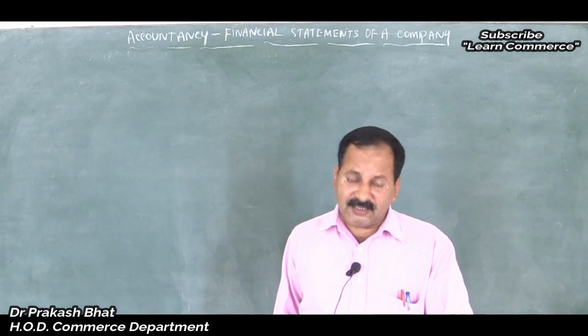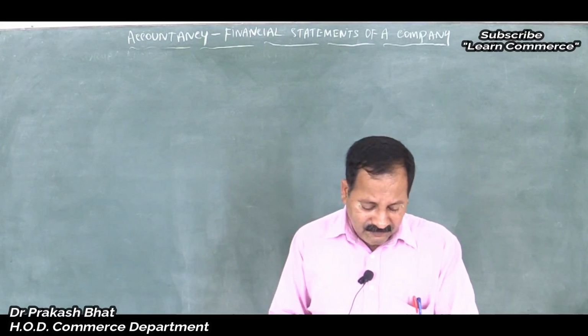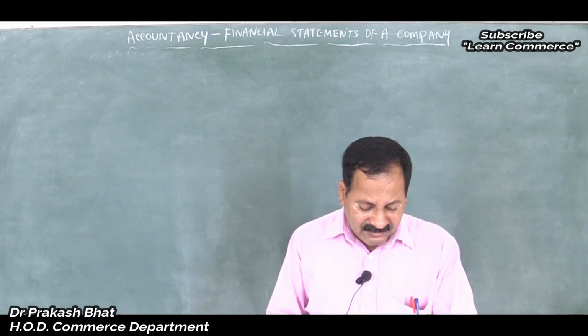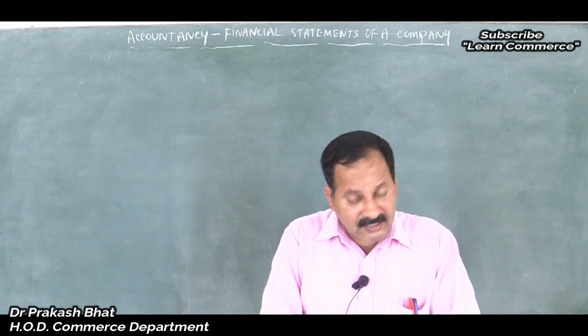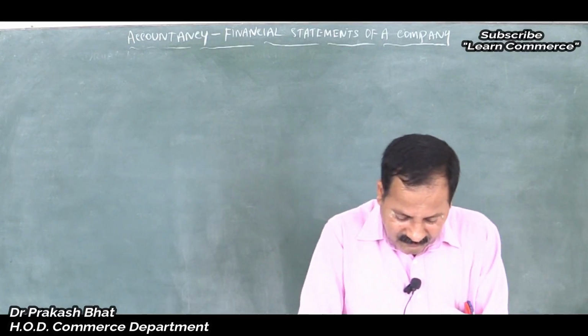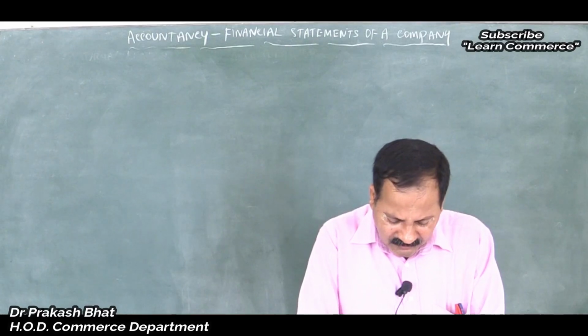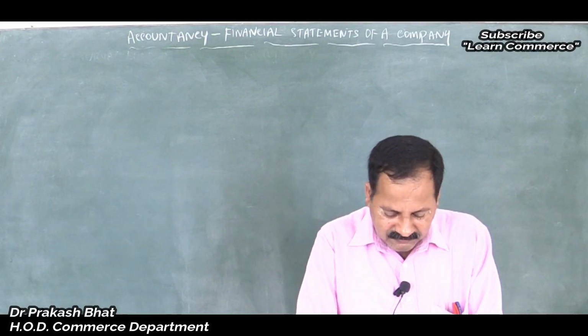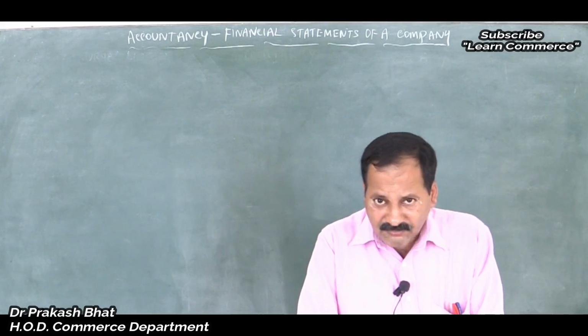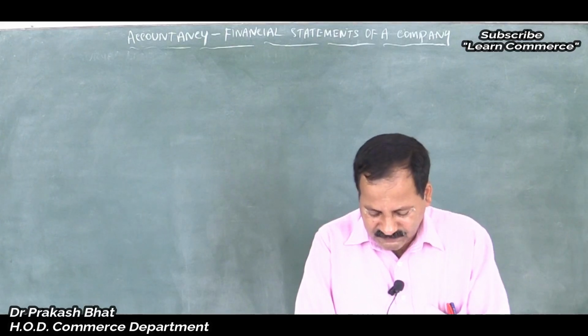Preference share capital, of course, should be added with the equity share capital. Equity share capital is not given, so only preference share capital will come. Clear? There is no equity share capital here, so only preference share capital we will write. Then cash and cash equivalents comes under cash and cash equivalents, right? Yes, that's all.